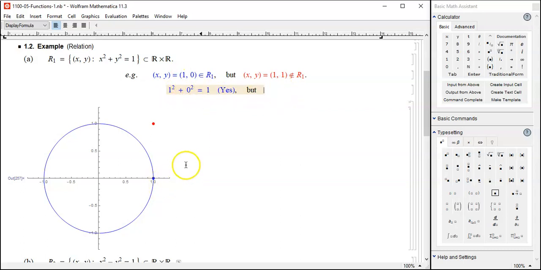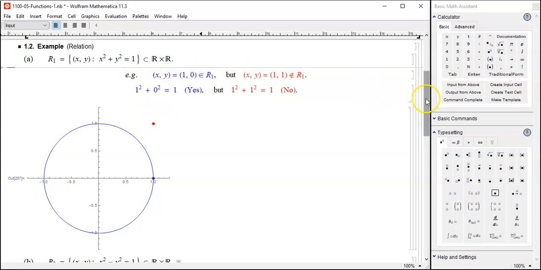So this (1, 0) satisfies this equation, so it belongs to this R1, and as you can see, it's right here. But then again, what if we have this red point? 1 squared plus 1 squared is equal to 1. No, that's not true. As you can see, no.